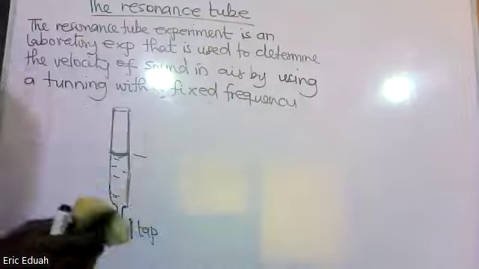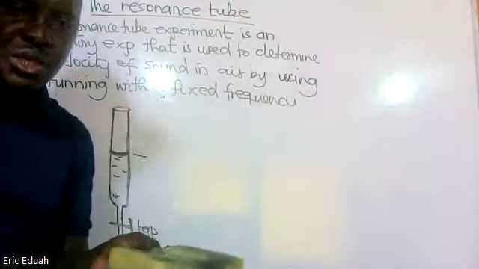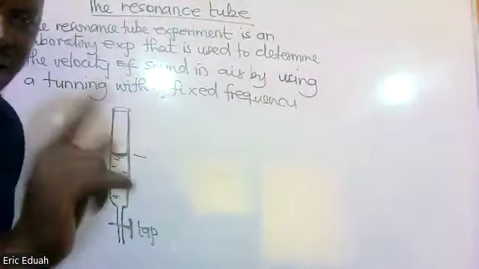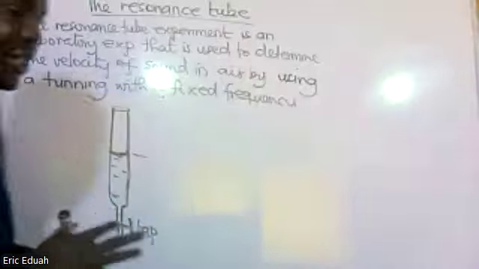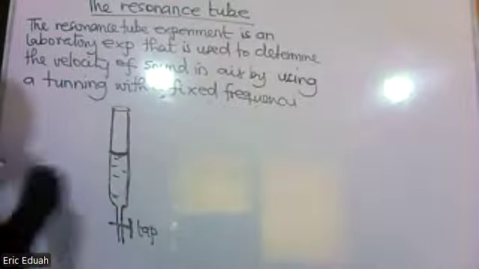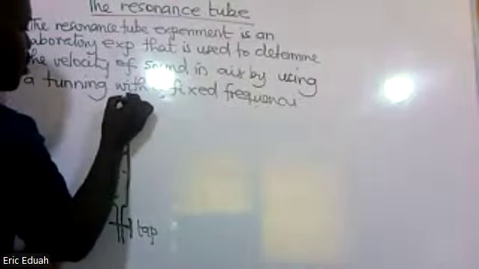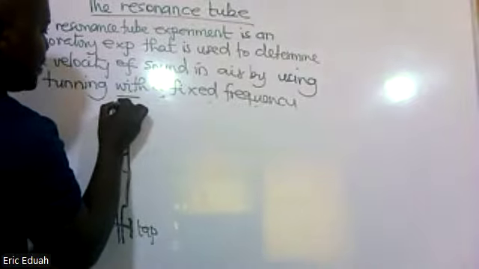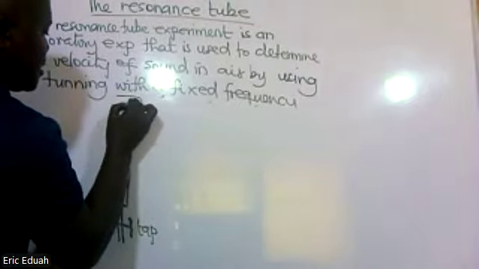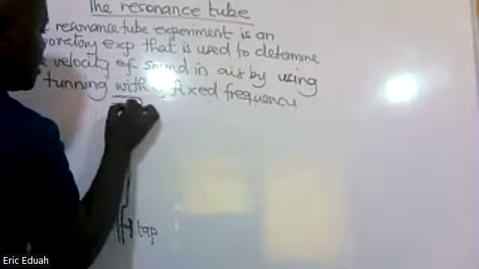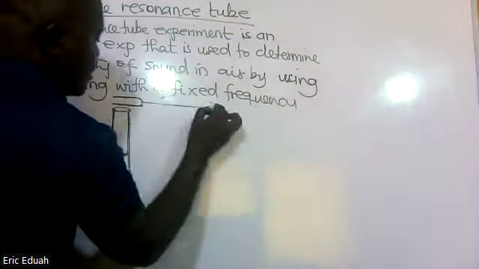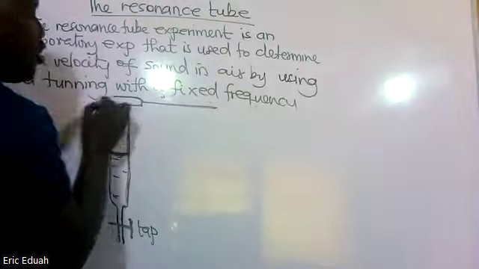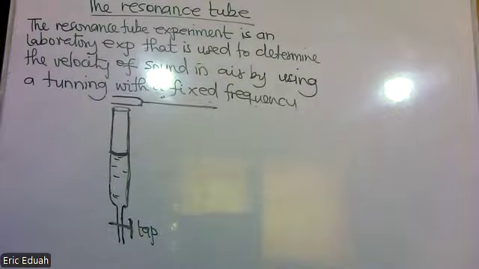When the tuning fork is used to hit a rubber band, it sets the tuning fork into vibration. Then the vibrating tuning fork is brought closer to the open end of the burette.